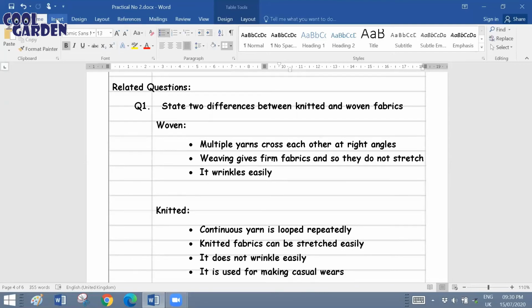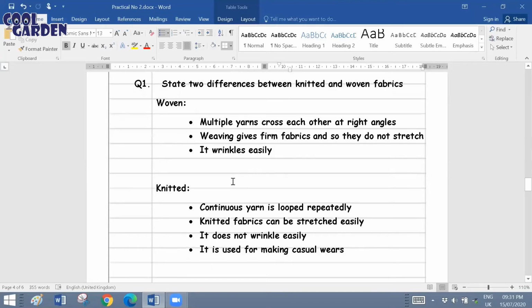In related questions, the first one is state two differences between knitted and woven fabric. So we have seen the sample, we have identified very distinctive differences relating to the two samples, and that is what you have to write down. In woven, we have noticed that there are multiple yarns which cross each other at a right angle.